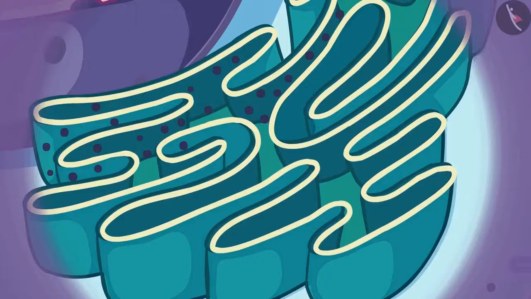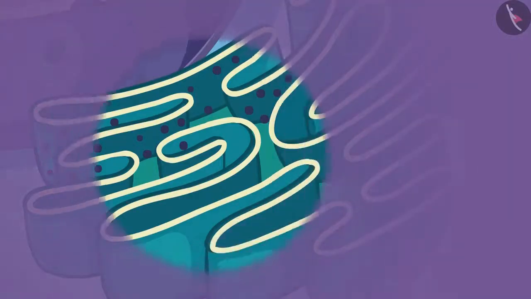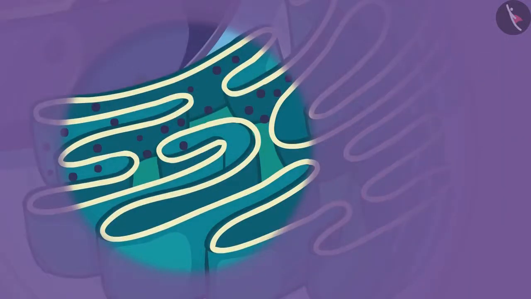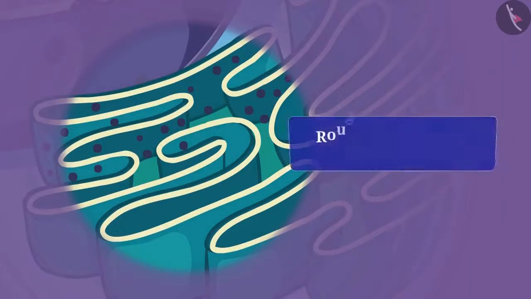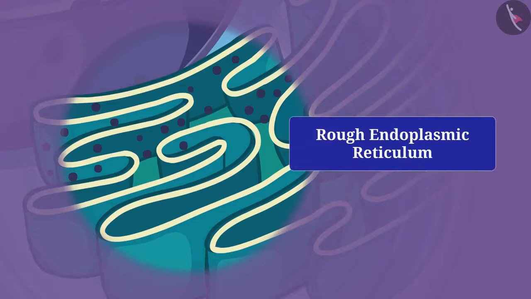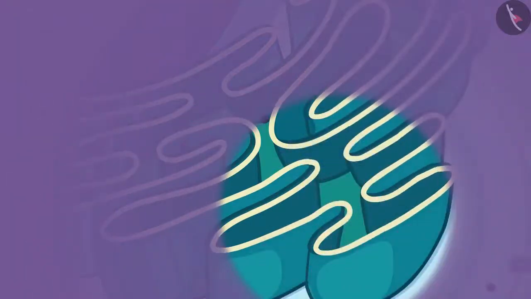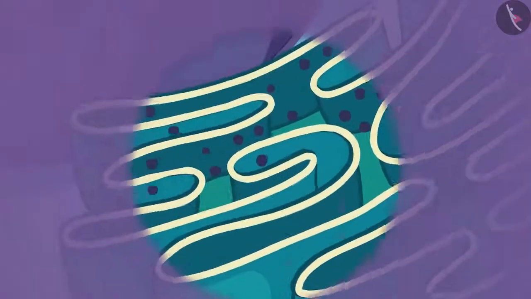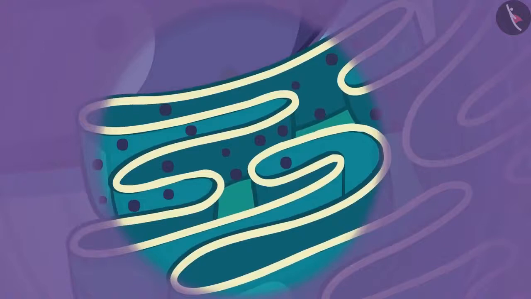Yes, somewhere there are black dots, while elsewhere they are absent. The endoplasmic reticulum that has black dots is called rough endoplasmic reticulum, and the one without dots is called smooth endoplasmic reticulum. Do you know what these black dots are?